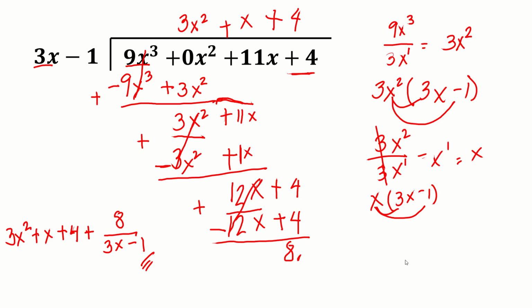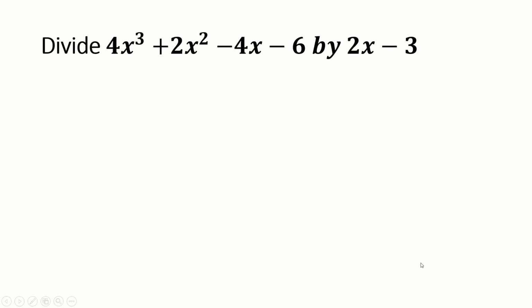Okay, let's have the third example. So we have to divide 4x cubed plus 2x squared minus 4x minus 6 by 2x minus 3. Now, check muna natin kung sunod-sunod na yung variable.